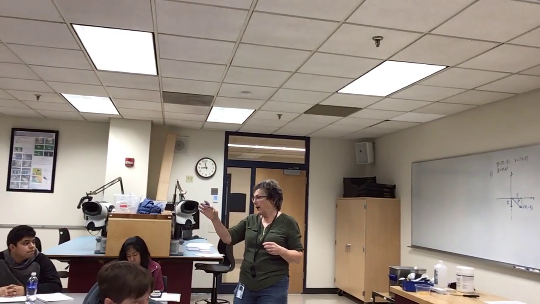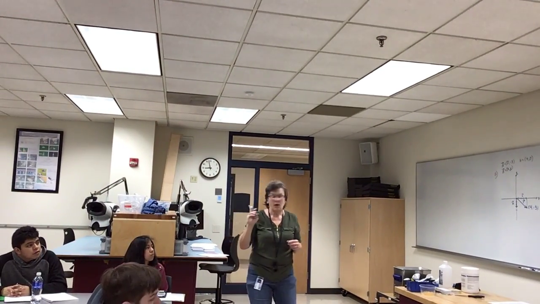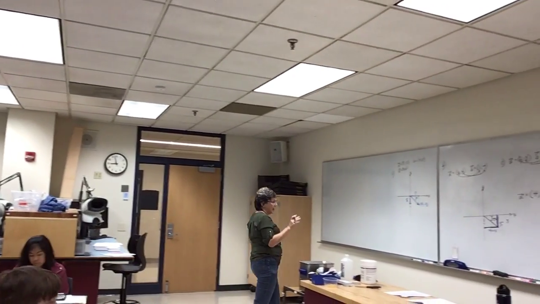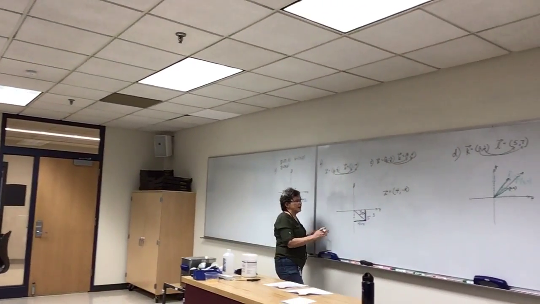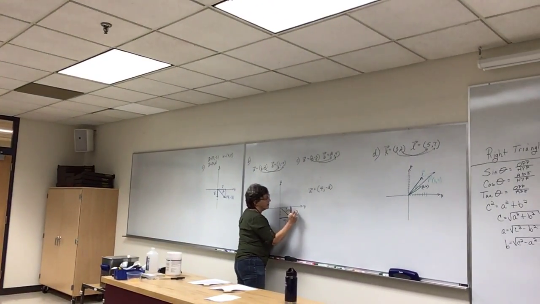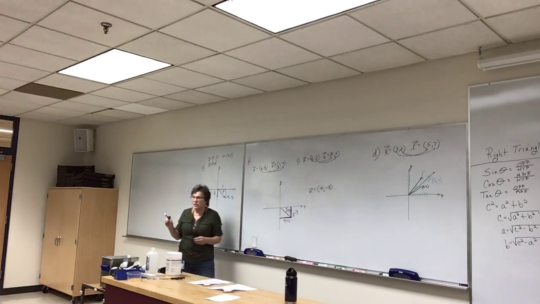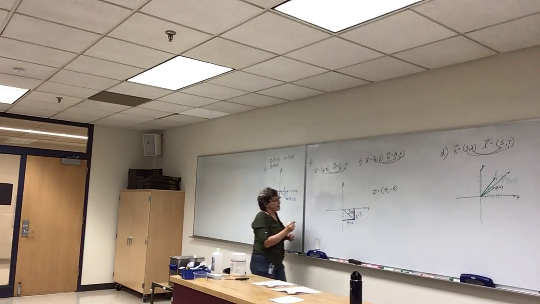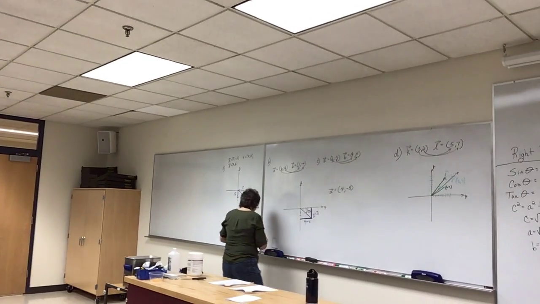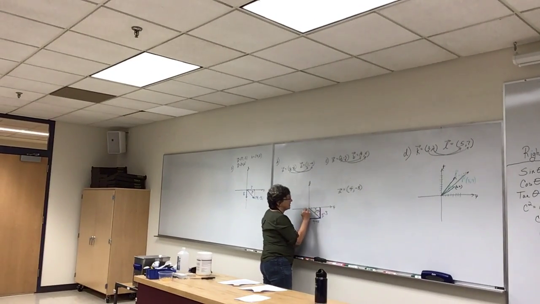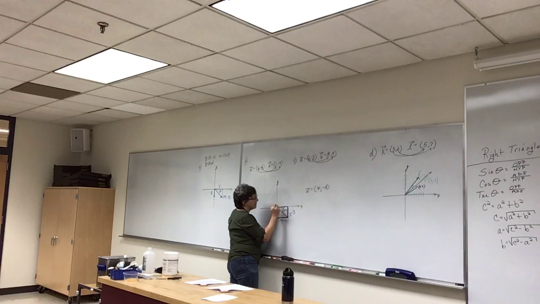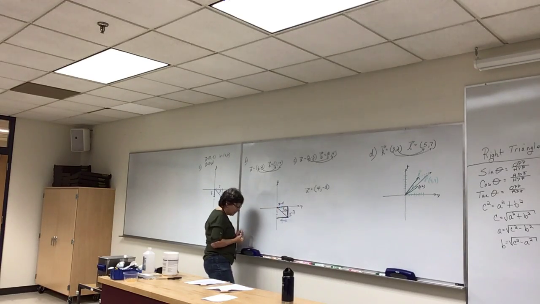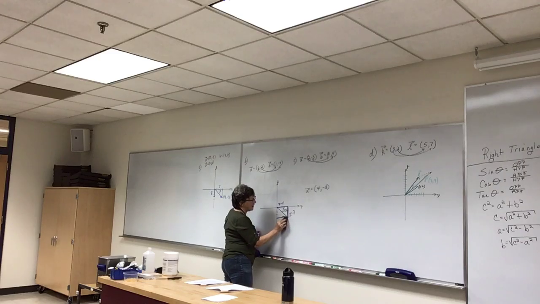You go 4 miles, right? Magnitudes are always just a length. And it's 3. It happens to be going down in the negative direction, but the magnitude is 3. And if we look at this, I'm going to make this one up here blue. x equals 4. Okay, so we have that value.